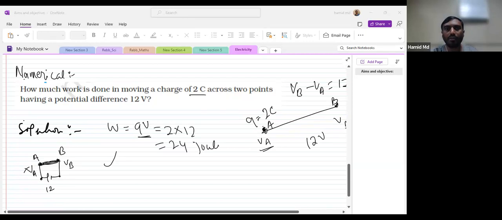If I ask you to find the difference between 100 and 95, how will you do that? Subtracting. So the difference is 5. Similarly, if in a circuit at one point there is 10 volt and at another point there is 5 volt, what is the difference in voltage? Subtracting.